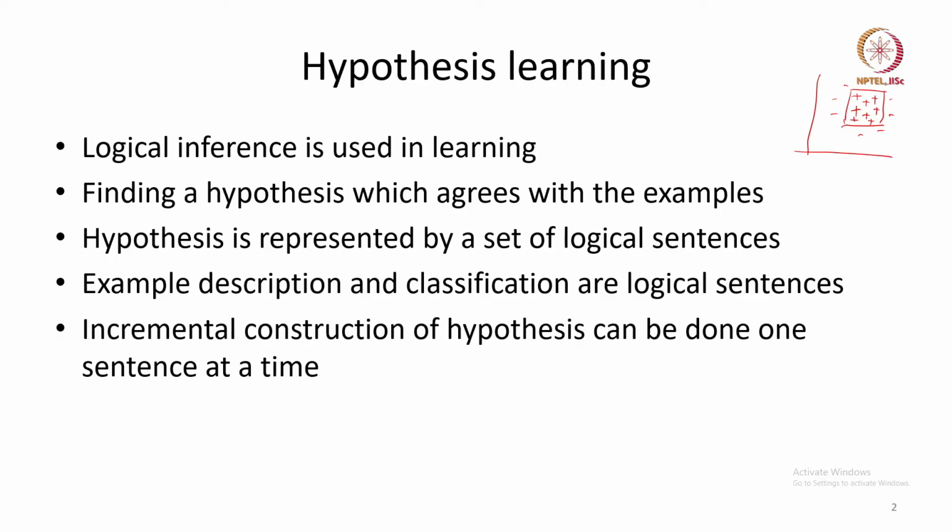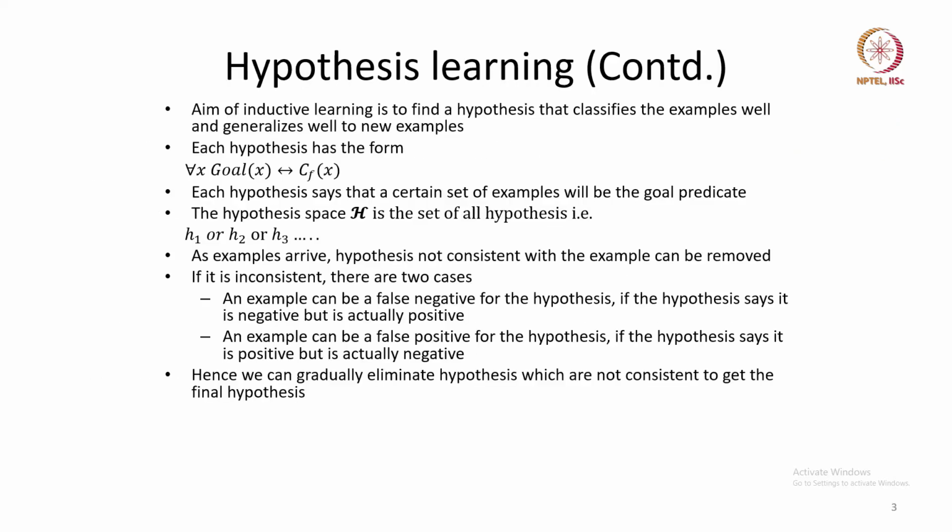Okay, suppose we have a set of training examples. How do we find the hypothesis to represent those training examples? This is done by an incremental construction of the hypothesis. So we'll see different ways of doing this.